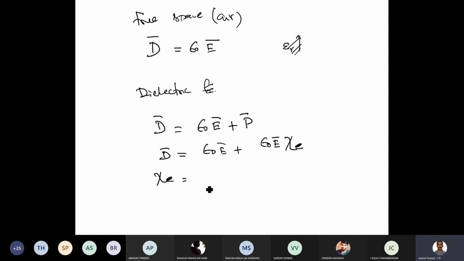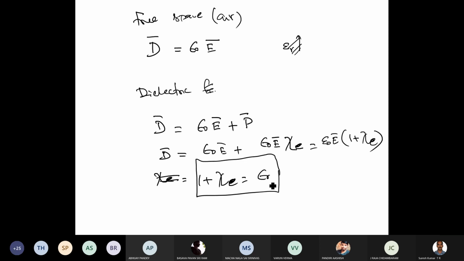So you can write this equation as epsilon naught E vector into 1 plus chi E. This 1 plus chi E is known as relative permittivity. Or we can write D vector is epsilon naught into epsilon r into E vector. So far, this is the equation we used to take.